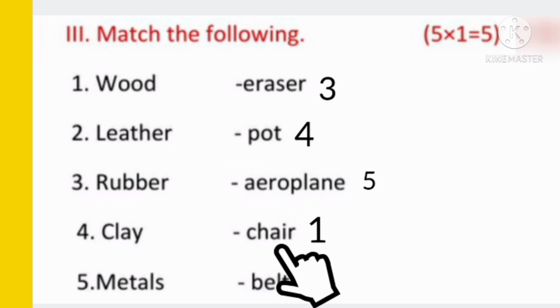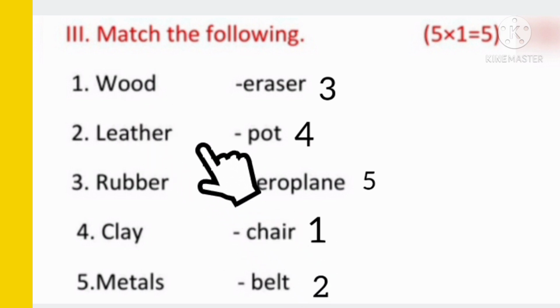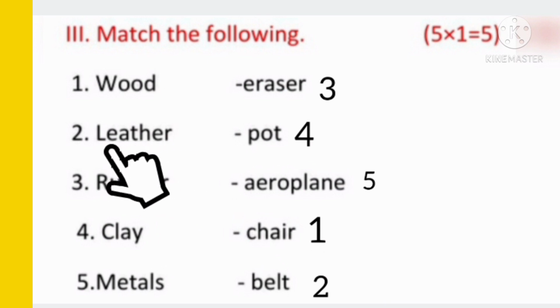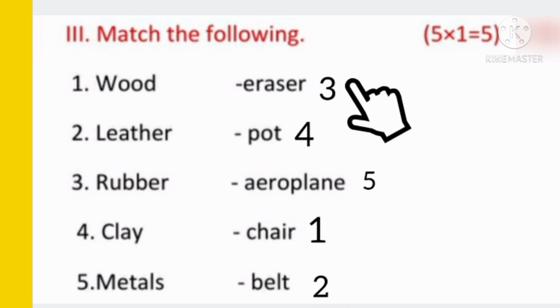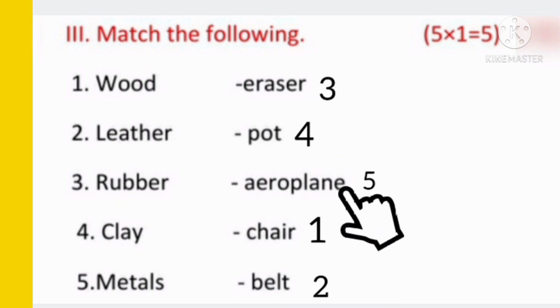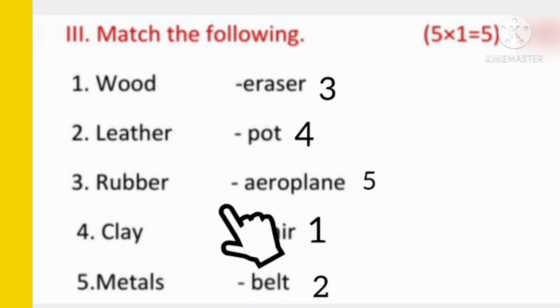No. Chair? Yes, very good. Chair is the right answer. Chair is made of wood. Next one, leather. Which is the right answer? Eraser? No. Pot? No. Aeroplane? No. Next one, belt. Very good. Belt is made of leather.